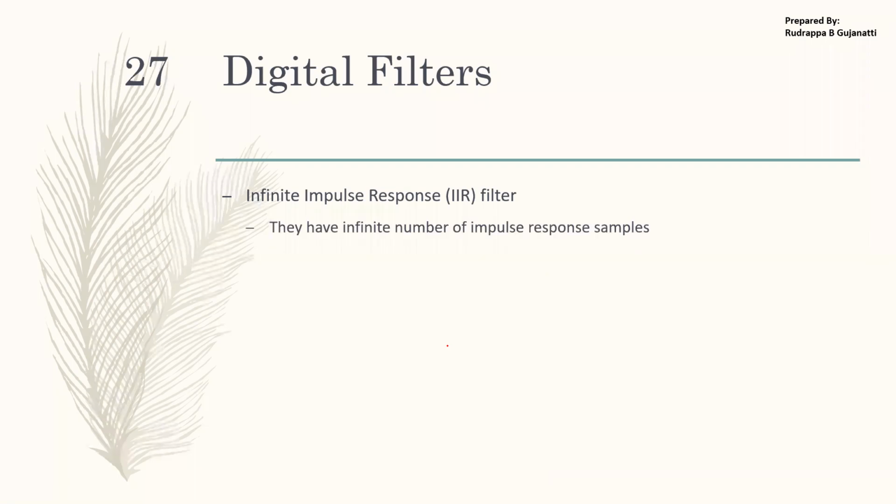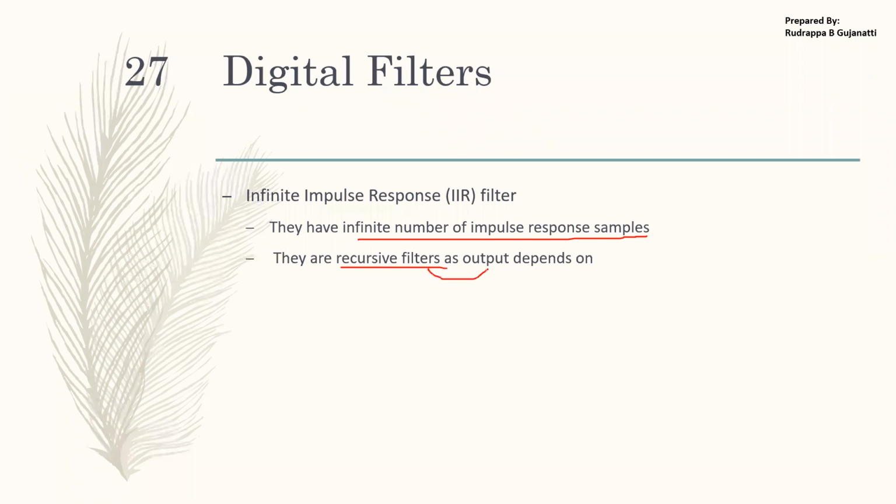So next, let us go ahead. Next comes the IIR, that is infinite impulse response filter. They basically have infinite impulse response samples. Since there are infinite impulse response samples, these filters turn out to be recursive. Now, why recursive?